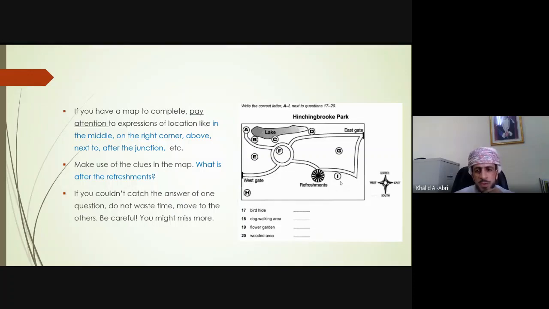And for example, here we have I, refreshments. So what is after the refreshment? If he mentioned this refreshment, so for sure that next to the refreshments, to the right side, there is something. So that is I. If he mentioned any of these, so we can consider it as I.